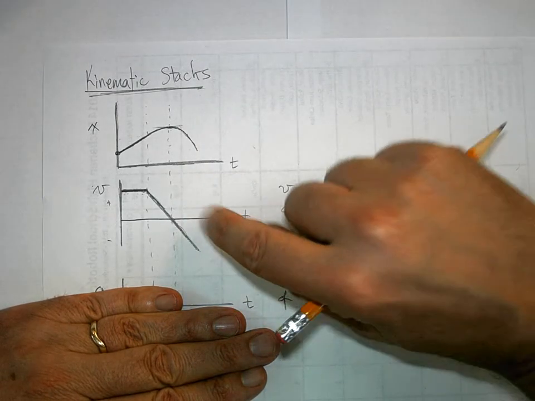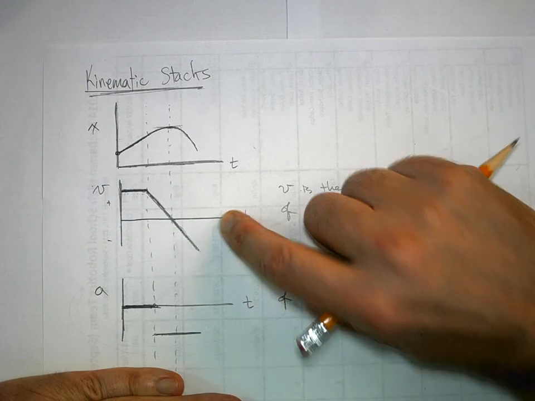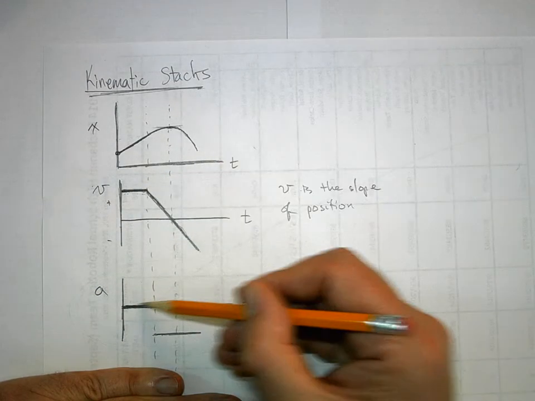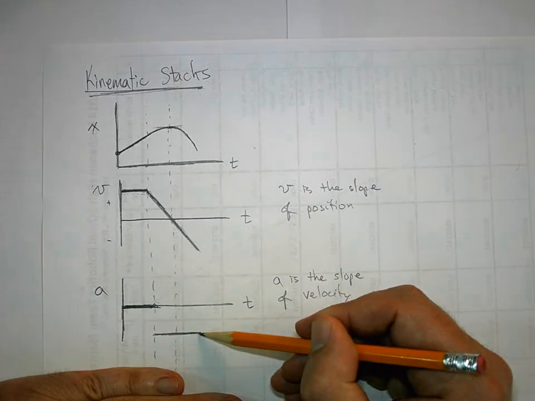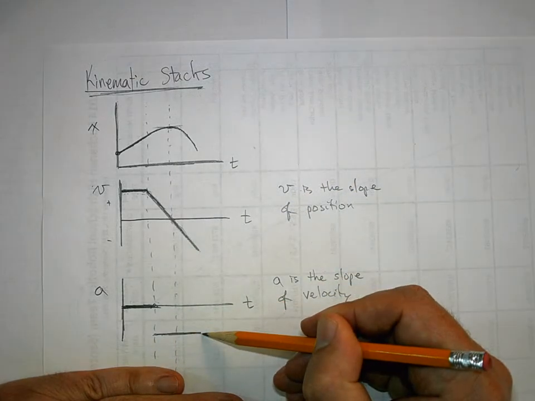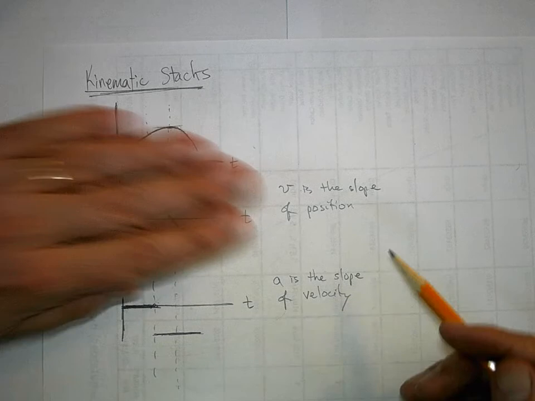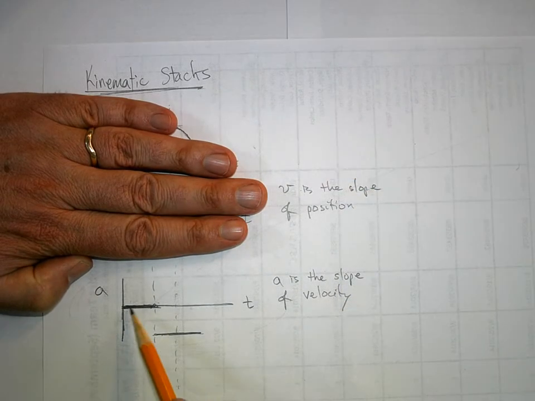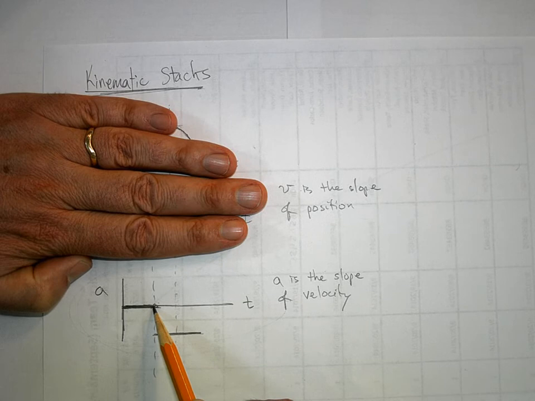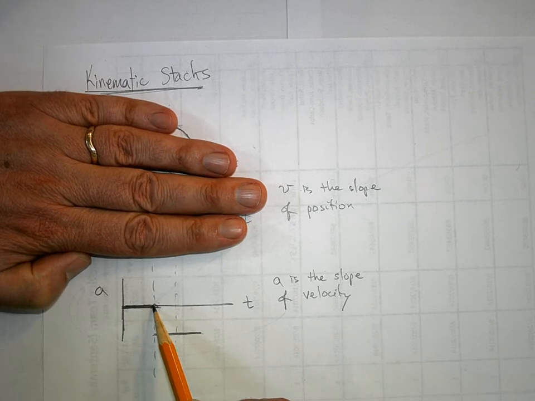And then from this, I could derive this. Zero slope, zero acceleration. Oh, constant negative slope. Constant negative acceleration. Now, what if I gave you this? You could work your way up. Oh, zero acceleration, constant velocity. Now, that doesn't tell you what the constant velocity is, does it?